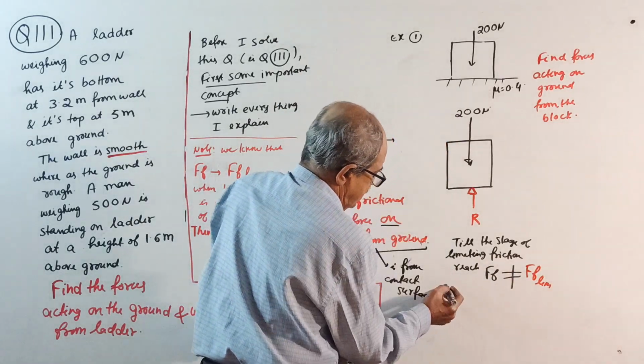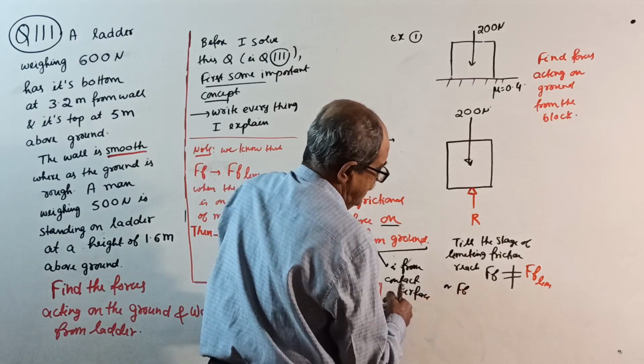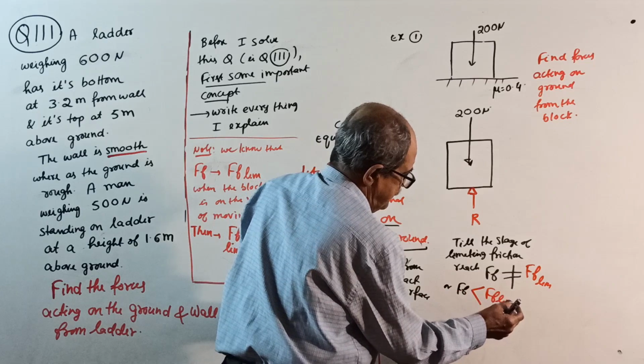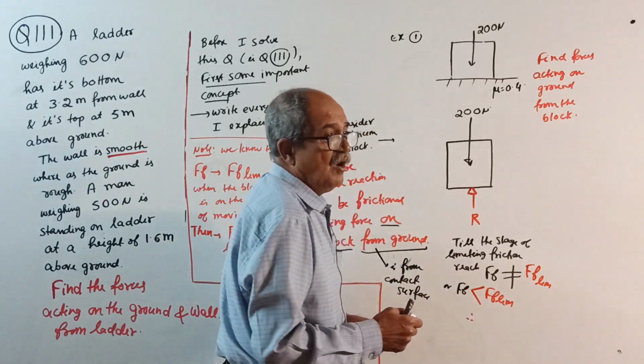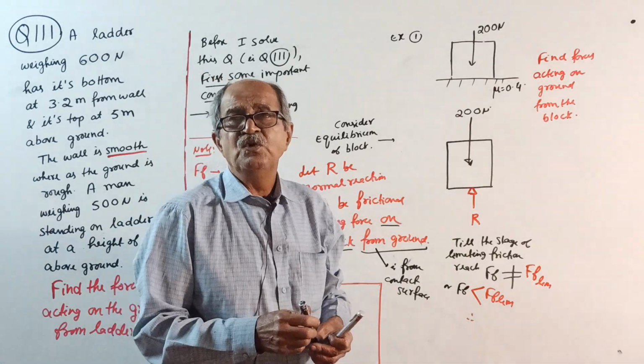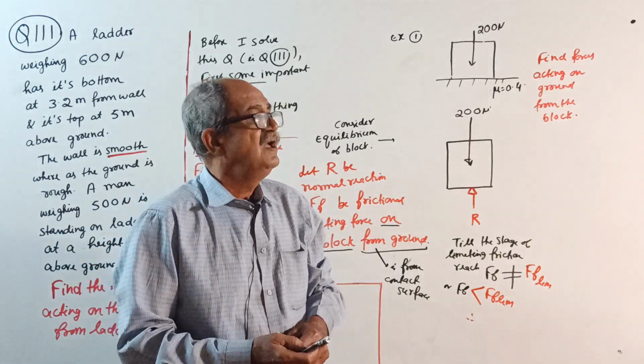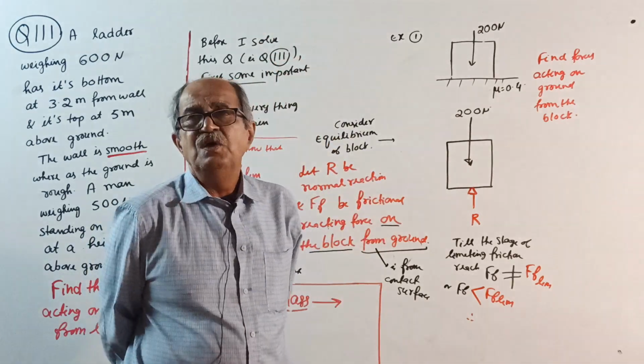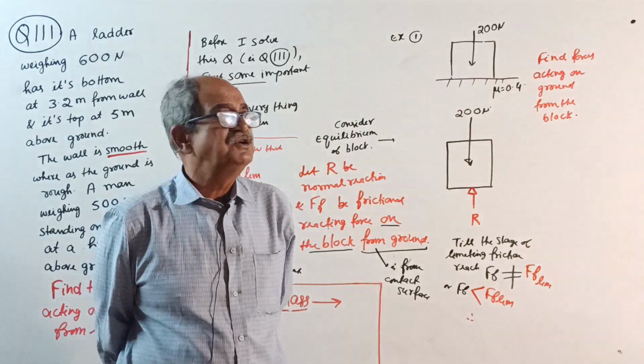Or you can tell FF will be less than FF limit. One statement you write here, because frictional force is a self-adjusting force, and only that much frictional force will be developed which is required to prevent the motion.